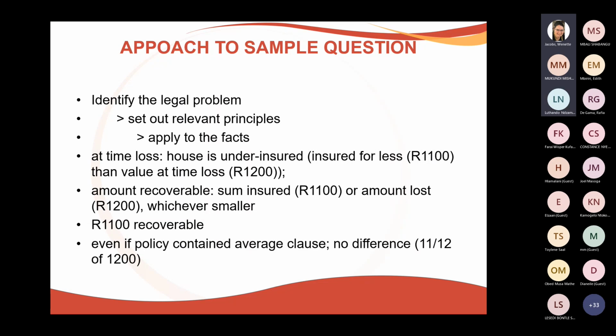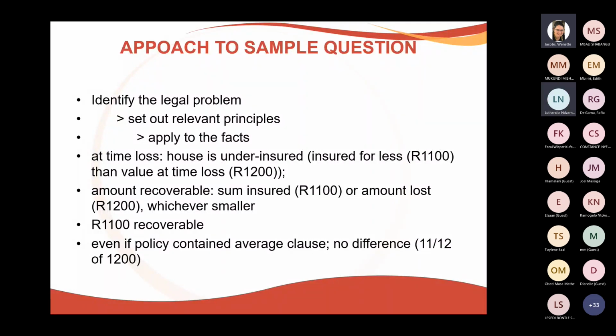Why? Because he was insured for 1,100 Rand, while the market value of the house at the time of the loss was 1,200 Rand. So that principle we call underinsurance. So that is what you would start off by writing, that this deals with underinsurance.